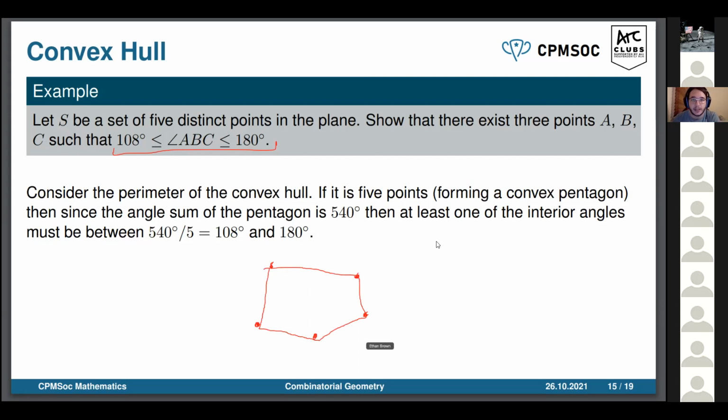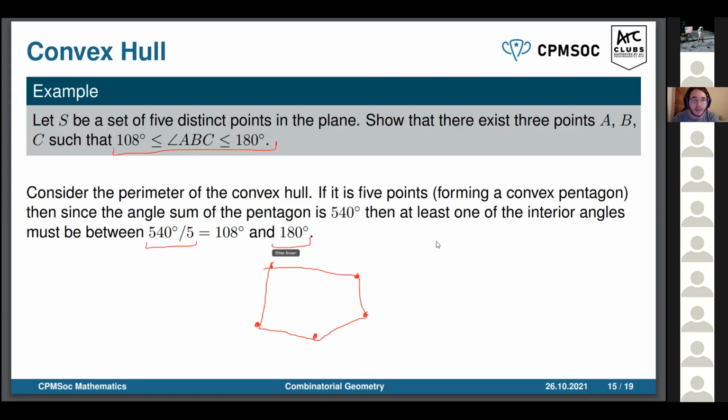So if it's 5 points forming a convex pentagon, then the angle sum of the pentagon is 540 degrees, and at least one of them must be between 108, which is the regular polygon, and 180 degrees, right?